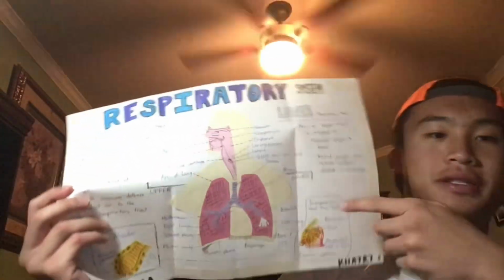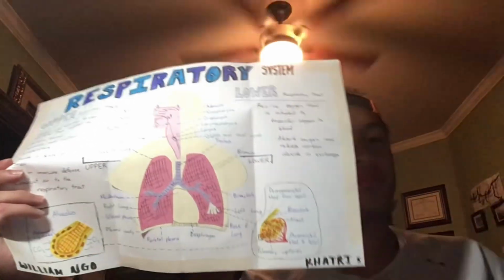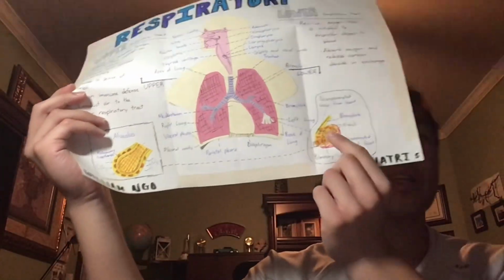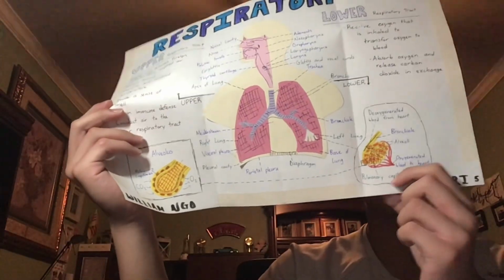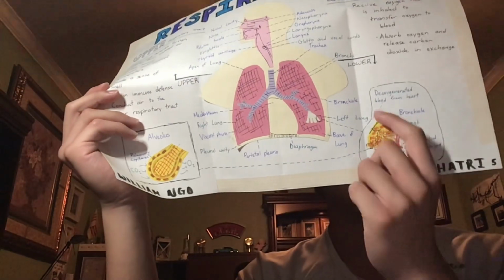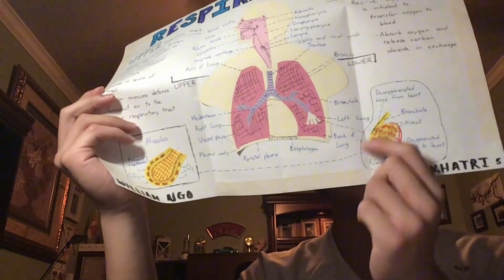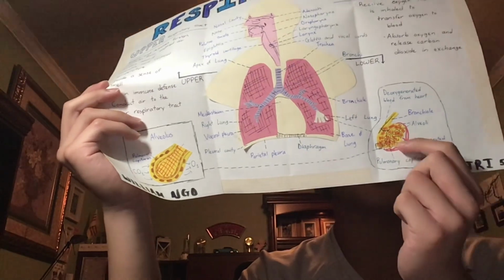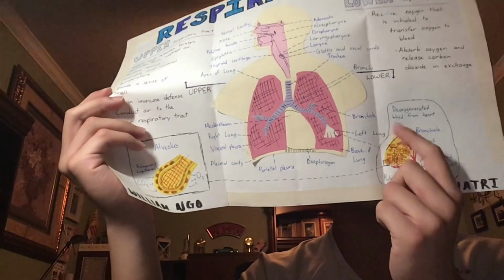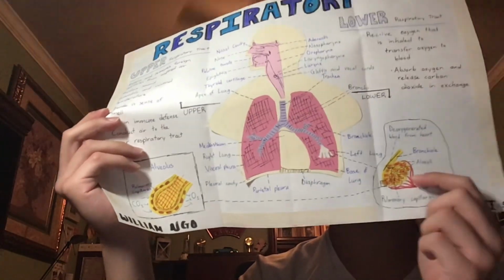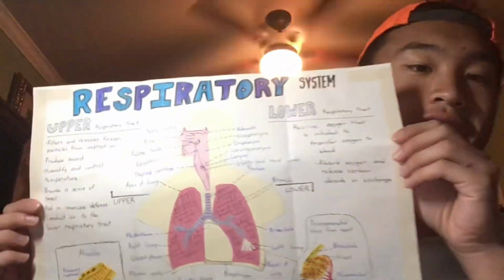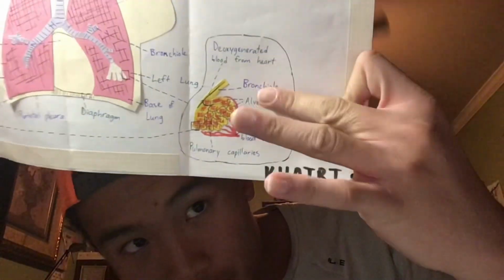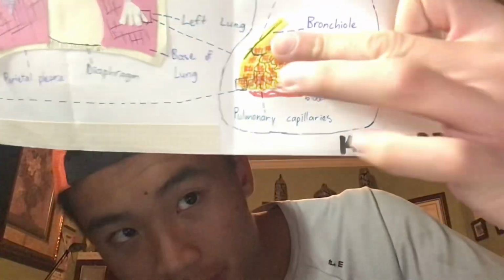Simultaneously, carbon dioxide produced by cells is carried by the bloodstream to the alveoli, which is right here, and then diffuses out and is exhaled. Right here I talk about the oxygen traveling through the blood and how the oxygenated blood is transferred to the heart, and I labeled a few parts that help that process. I explained step 4 over here because I went into a more in-depth analysis of the bronchioles, this tiny part right here, and it goes all the way down here.